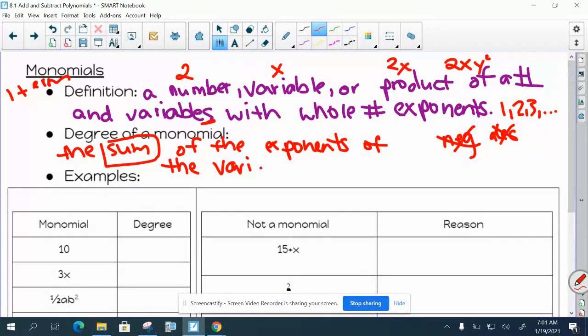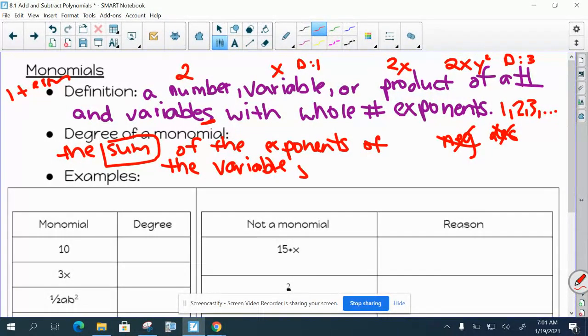Okay, so for example here, if you just had x, the degree would be 1, because it's just being raised to the first power. Here you have 2xy squared, the x is being raised to the first power, the y is being raised to the second power, so you'd add up the exponents. 1 plus 2 is 3. So here the degree of this monomial would be 3.